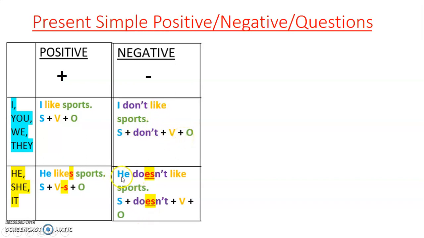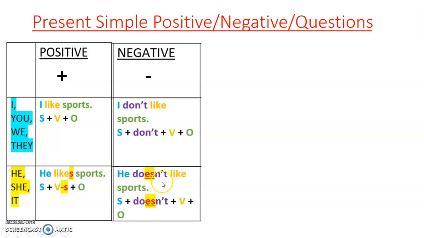Now with he and she and it, we need to use doesn't. So he doesn't like sports. Okay, he is your subject, then you have doesn't. As you can see, we need to put an es for he, she, it.